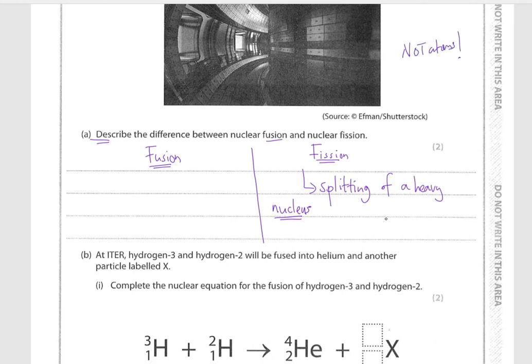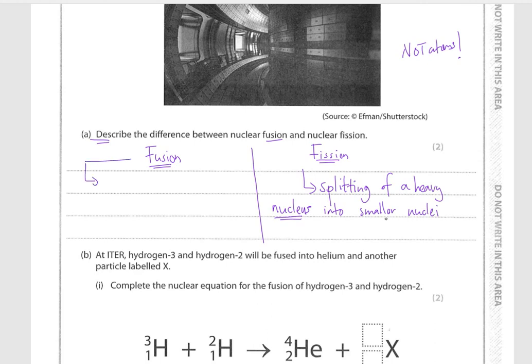We're not splitting atoms because atoms are very small. So we're splitting the big nucleus into smaller nuclei. So we have a big nucleus, uranium in this case, and then we split it into smaller ones. Good. And then fusion, on the other hand, is the opposite.